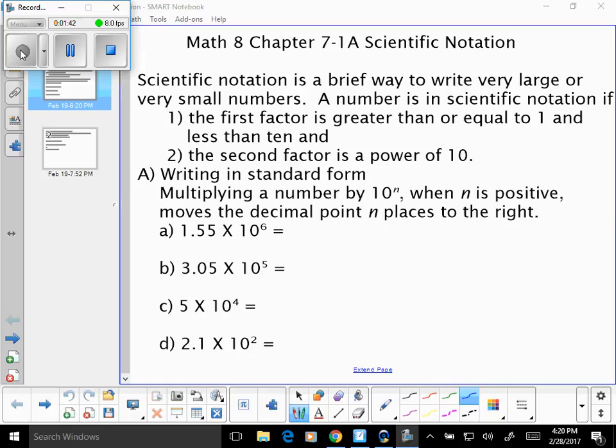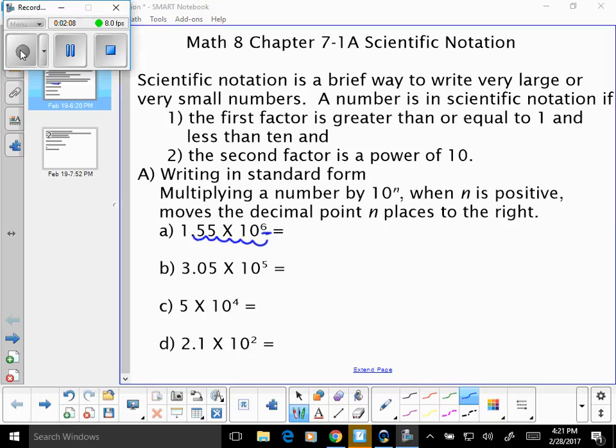Let's look at A. We look at the exponent over here, and it is a positive 6. That means I am going to move the decimal point 1, 2, 3, 4, 5, 6 places to my right. Now, if you'll notice, there are no digits after these two 5s.